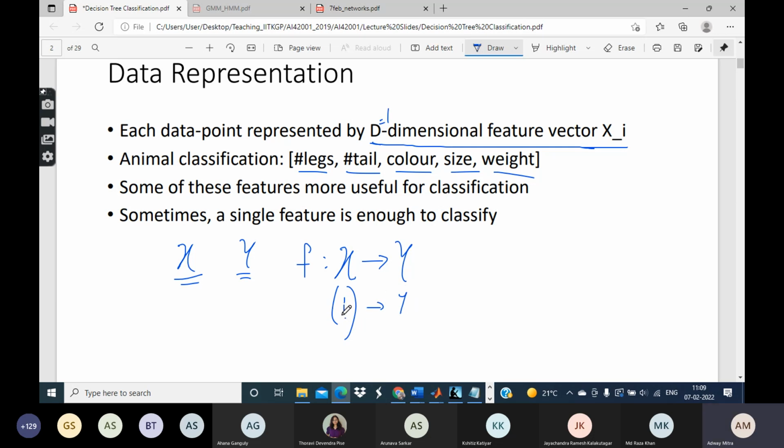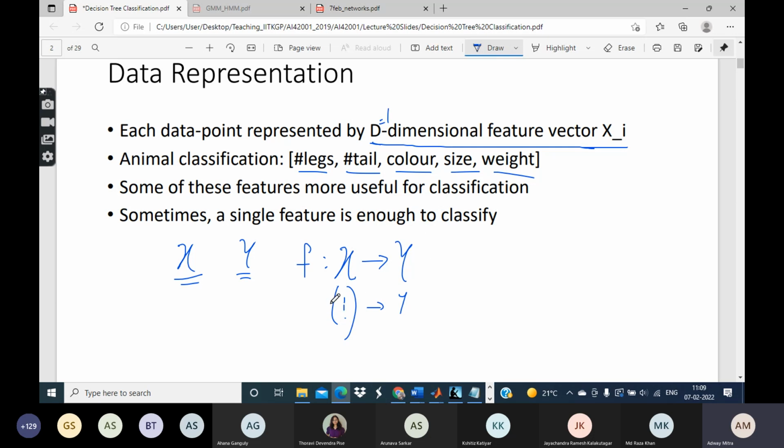The question might now arise: what exactly will this function look like? If it is a neural net, or since you have studied KNN, if it is a KNN, then of course you will already have a labeled training set.